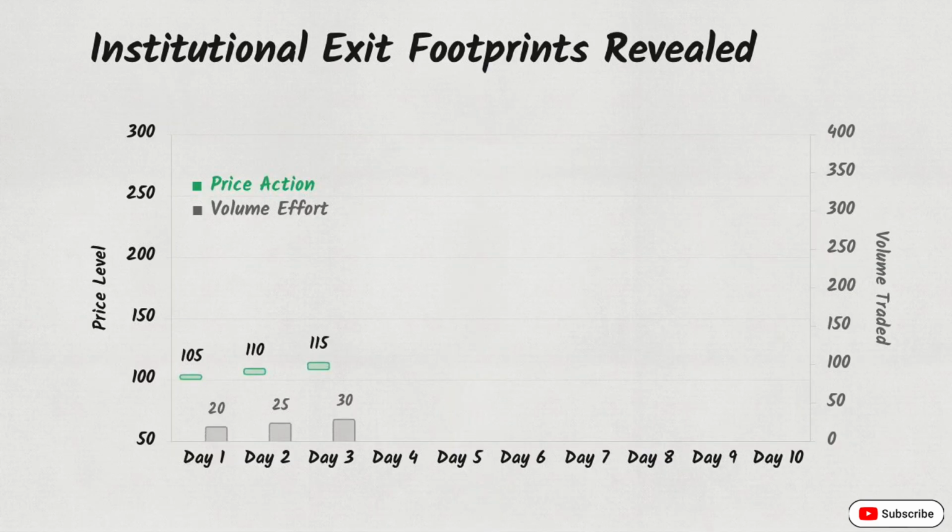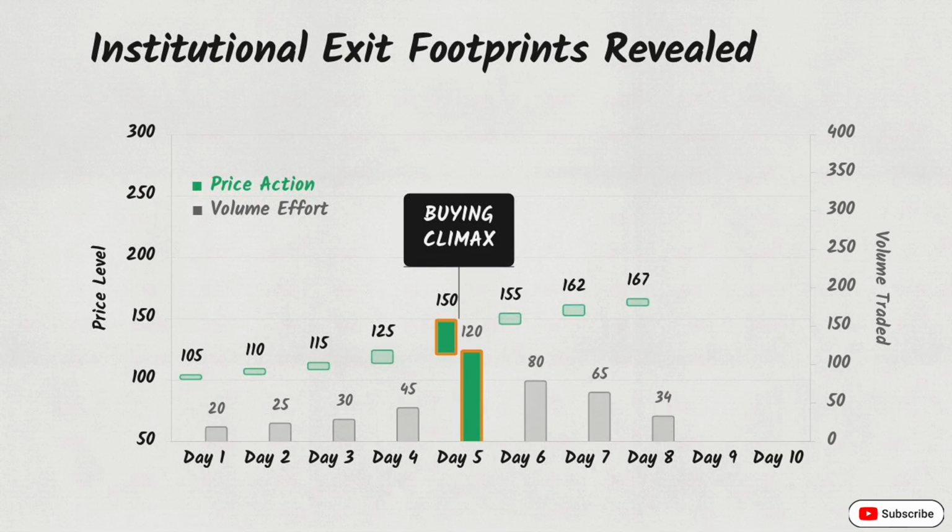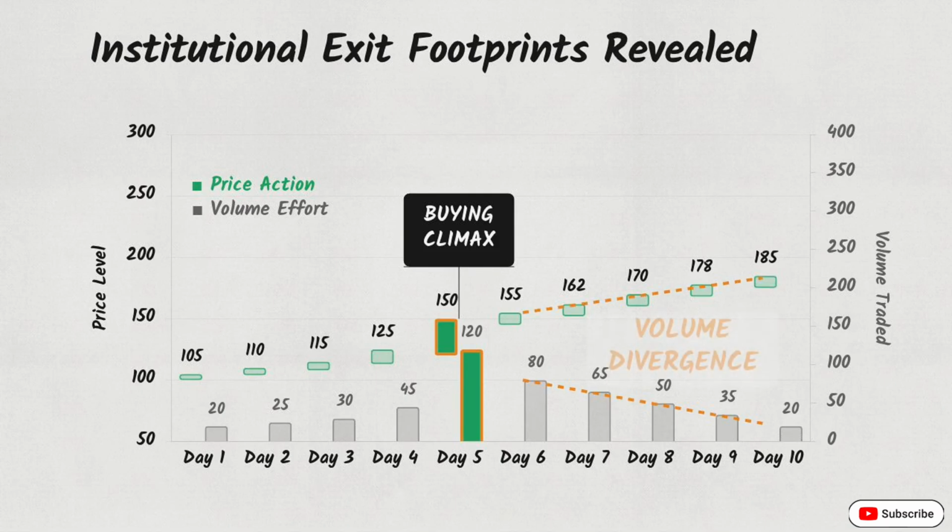The inverse of this is the buying climax. On this ascending chart, the absolute peak of the uptrend forms a massive green candle aligned perfectly with the tallest volume spike. The public buys out of FOMO, while institutions unload their positions. The second warning sign is volume divergence. As the chart stays on screen, notice how the price pushes higher, but the volume bars steadily shrink.